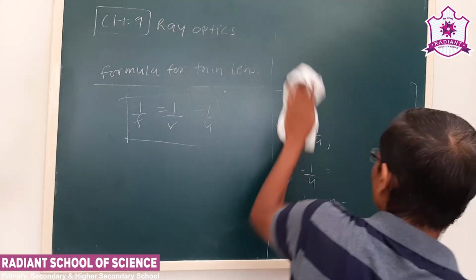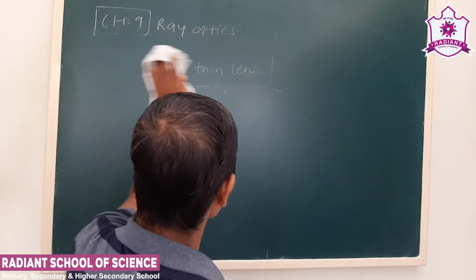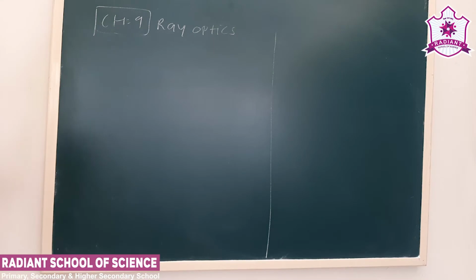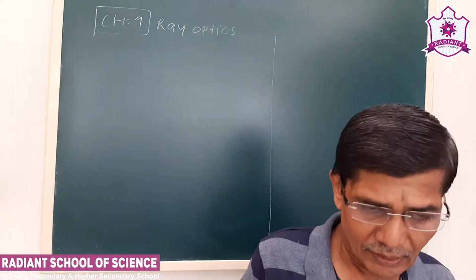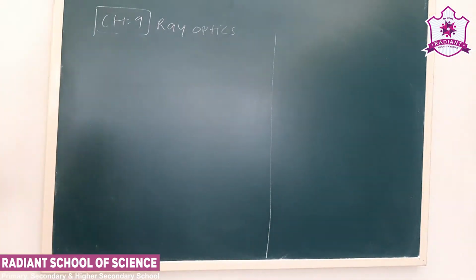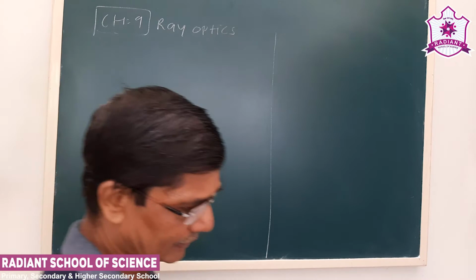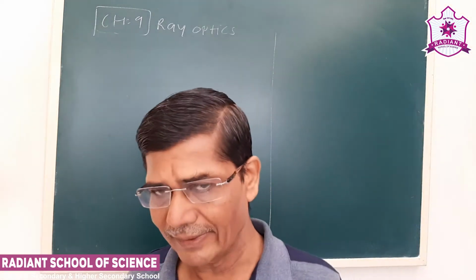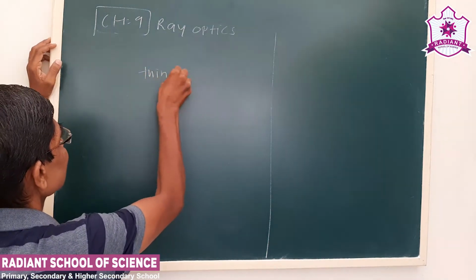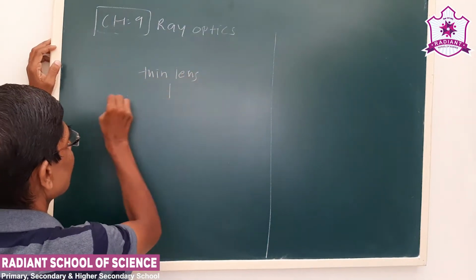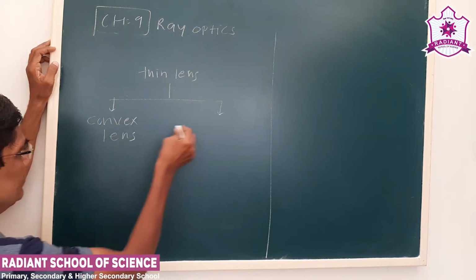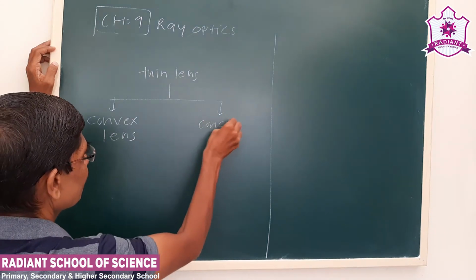Okay, so far we have talked about reflection from a spherically curved surface, then refraction from a lens, that was a generalized formula, and finally we have come to the thin lens. Now generally we come across two types of thin lens: one is a convex lens and the second is a concave lens.